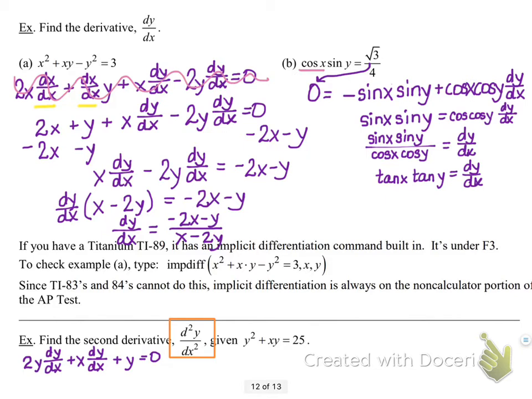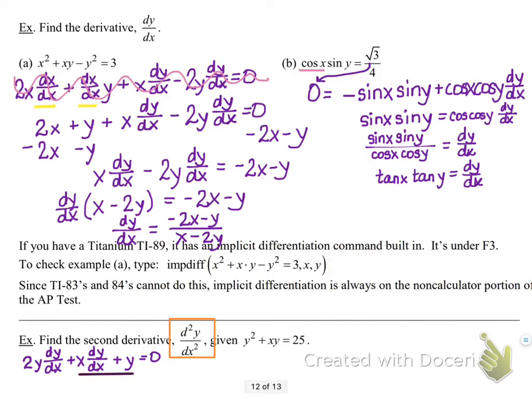Okay, so we take the derivative and we remember product rule for that x plus y: the regular of the first plus the derivative of the second, plus the derivative of the first times the regular of the second. That's what happened right here.